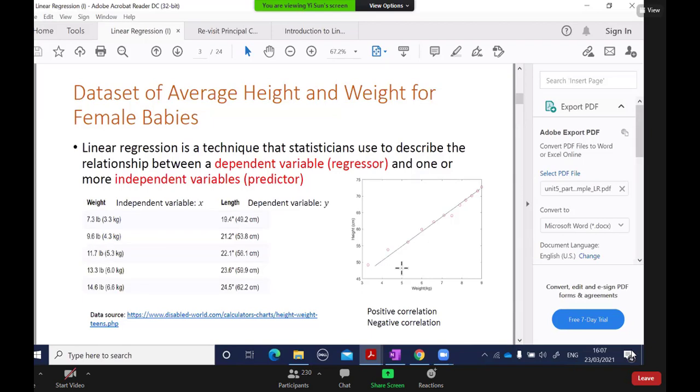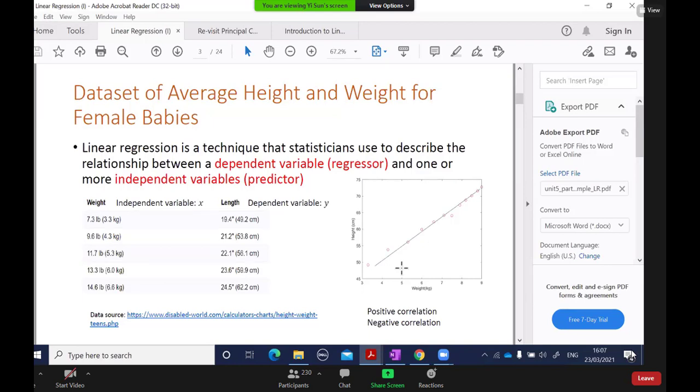If we are given length, and the aim is to estimate the weight, then the length is the independent variable and the weight is the dependent variable. On the other hand, if the aim is to estimate the length given the weight, then the weight is the independent variable and the length is the dependent variable.